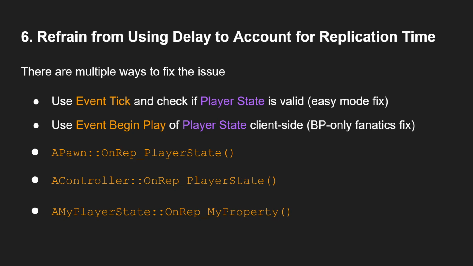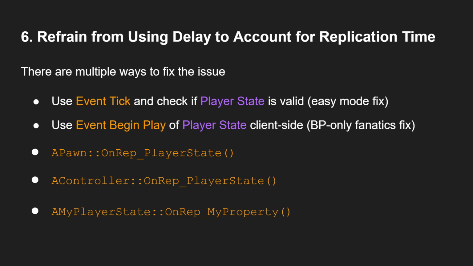For the simple reason that you could be having a 3D widget of a health bar for the pawn, and you want to be able to listen to this health property that exists on the player state. That is another valid scenario. You would be waiting for this player state to replicate to then get the replicated health property from there, and just hook it up inside the 3D widget existing on the pawn.